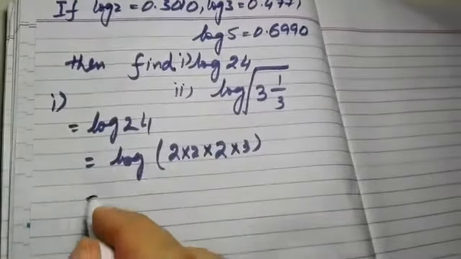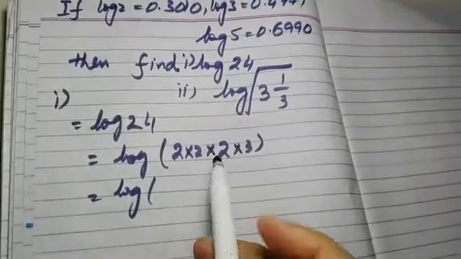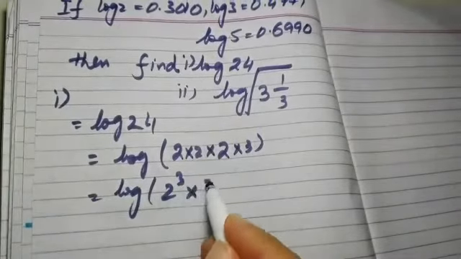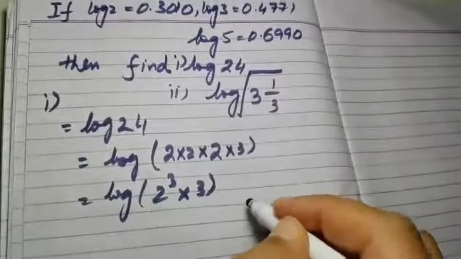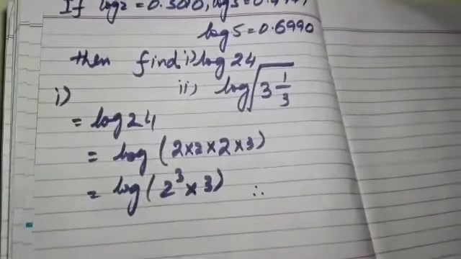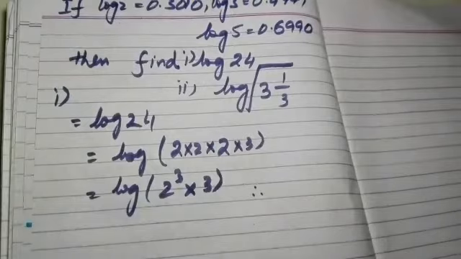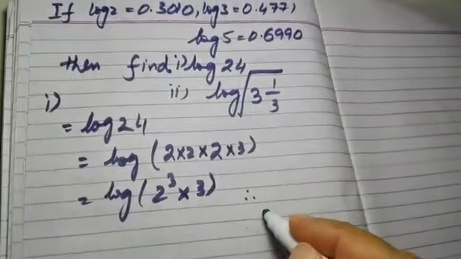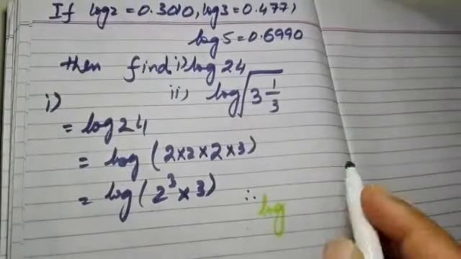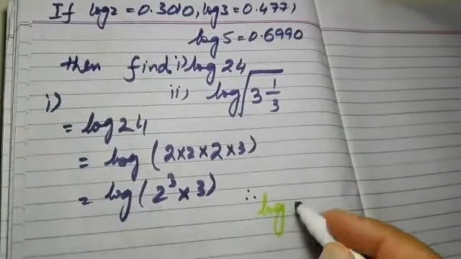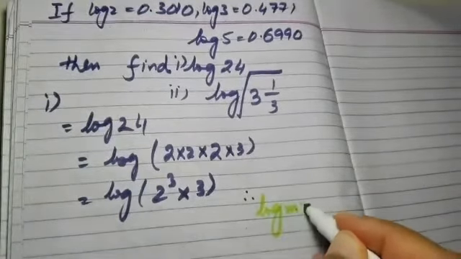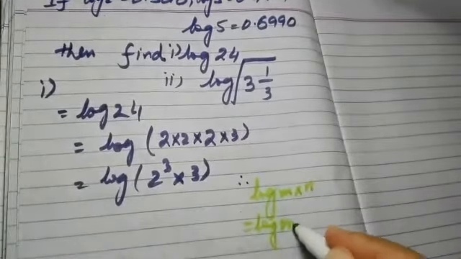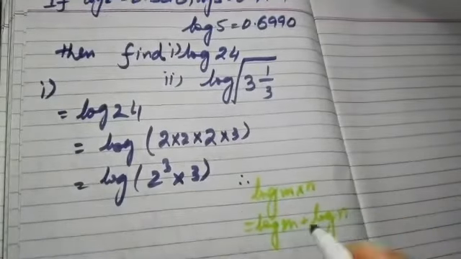You can see that 2 is 3 times, so I would write log 2 raised to power 3, and 3 will be as it is. Now I would use the first law, that log m times n can be converted into log m plus log n.